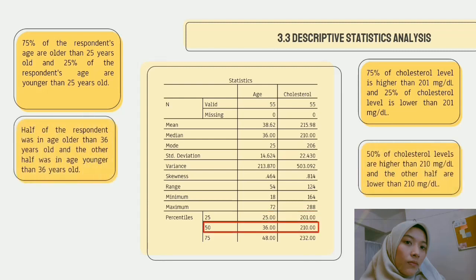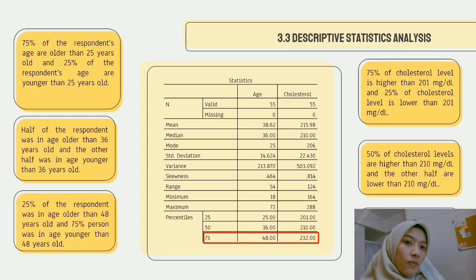For the second quartile, half of the respondents were older than 36 years old, and the other half were younger than 36 years old. For cholesterol level, 50% of cholesterol level is higher than 210 mg per dl, and the other half is lower than 210 mg per dl.